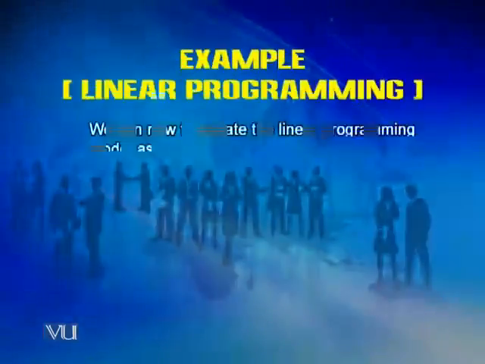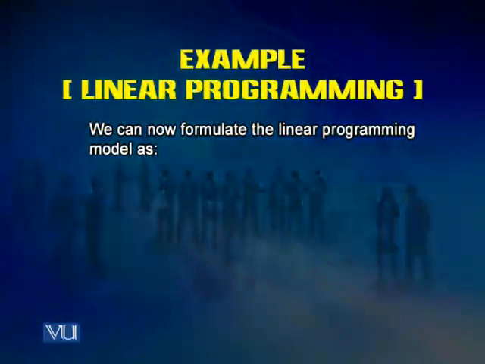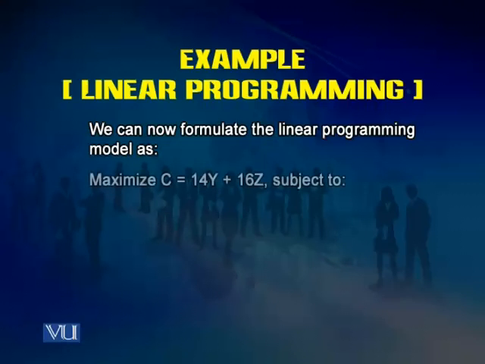These are the constraints. The objective is to maximize our contribution. The contribution is 14 multiplied by the number of units of y, plus 16 multiplied by the number of units of z. So 14 times y, 16 times z, those put together give you the contribution, and this is what we have to maximize. We can now formulate the linear programming model.